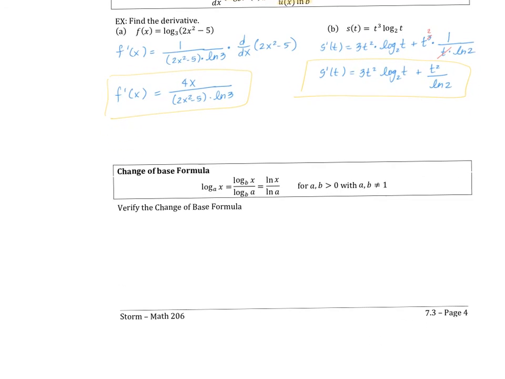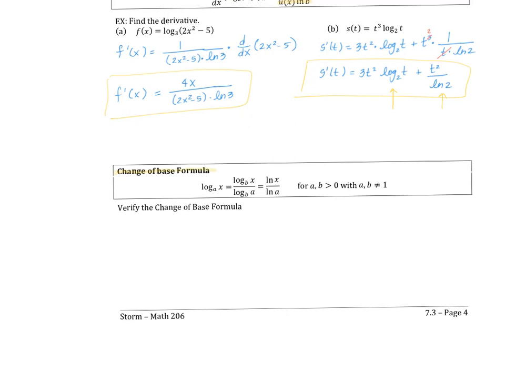Now, if you're wondering if you can combine this log base 2 and this natural log of 2, you actually can. Of course, I'm not going to require you to do that. But that brings us to this theorem at the very end called the change of base formula.